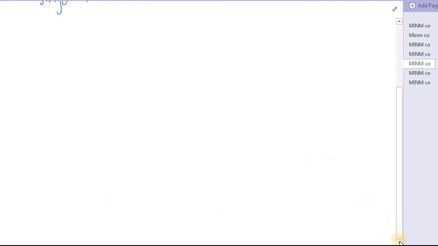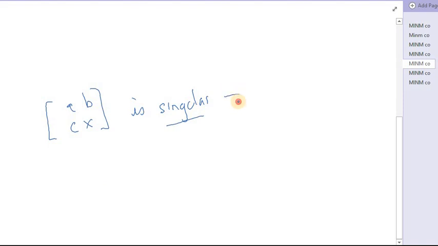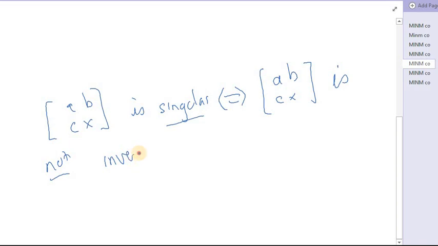Okay, so let's consider ABCX is singular if and only if ABCX is not invertible. All right, that's one of the equivalent conditions for singular. Non-singular is invertible. Singular is non-invertible. Okay. So what does that mean?